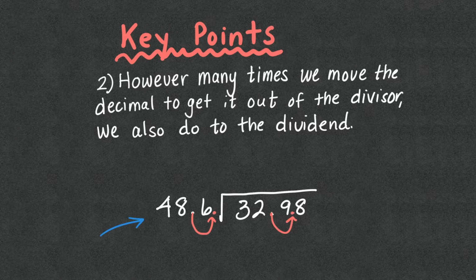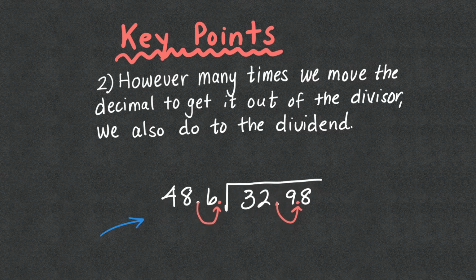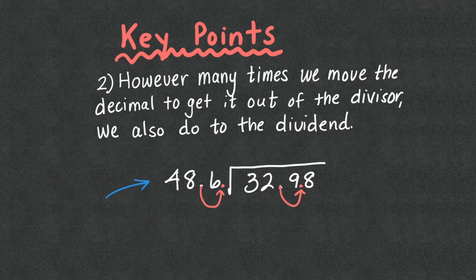Not twice, because remember, we're allowed decimals in our dividend, not our divisor. So if we were going to redo this problem and rewrite it, we would have 329 and 8 tenths and outside 486. Now, some of you may wonder, why does this work?